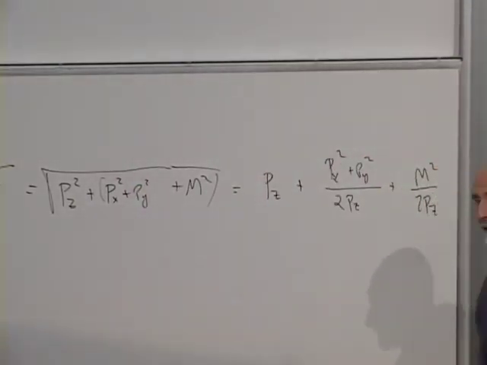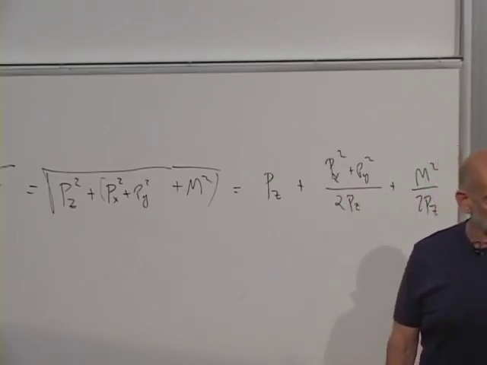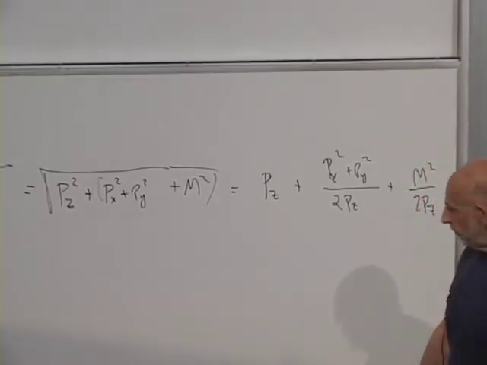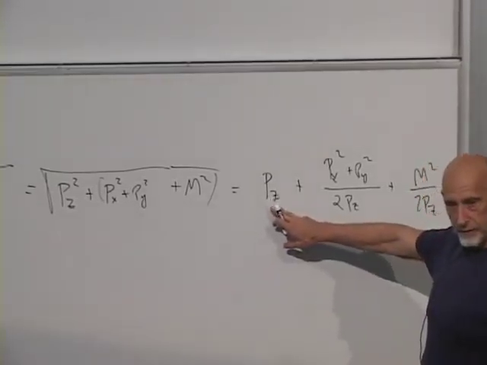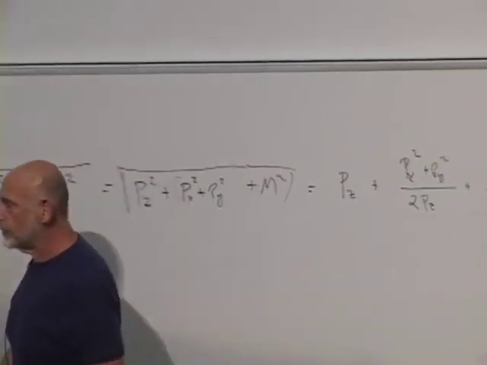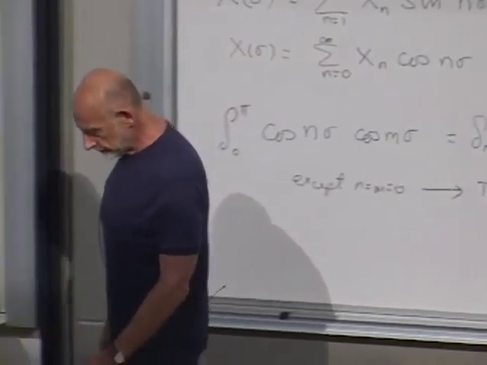Now, first thing is, this does not look like it has a good limit as pz gets large. First of all, it gets infinite. But what is this infinity?